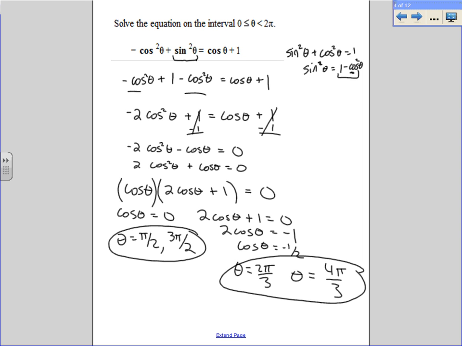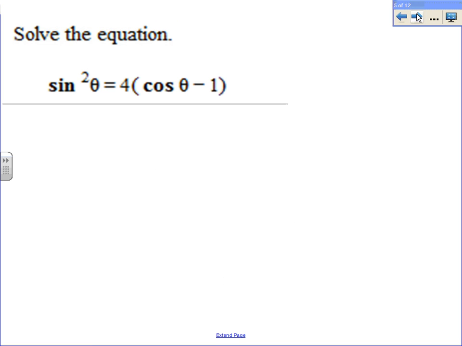Okay, so notice that was sort of a substitution with an identity and a factoring strategy that I was using on that one. Okay, now let's notice this one. There again, I get upset a little bit because this is sine and this is cosine. So I've got to figure out a way to make both of those be the same thing, either both cosines or both sines.